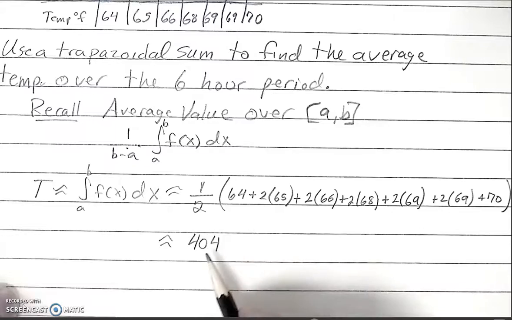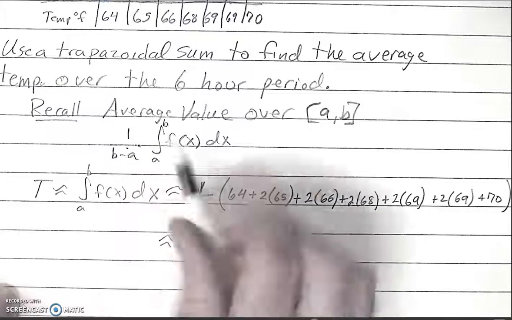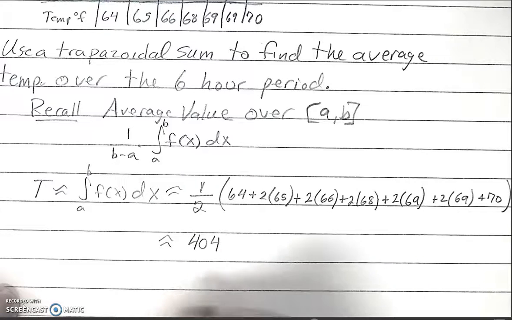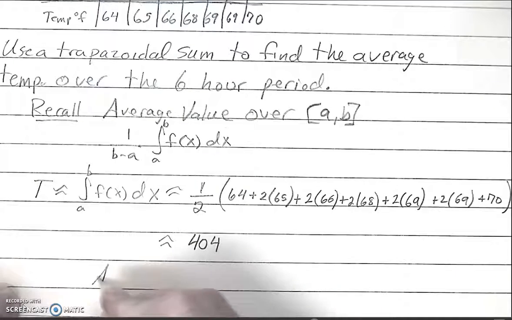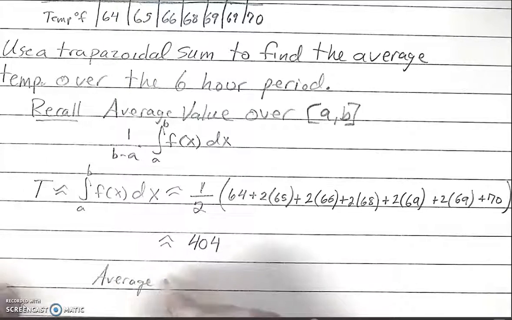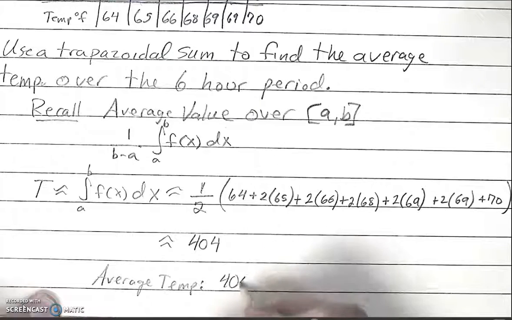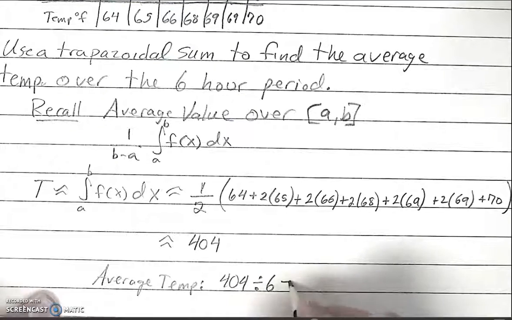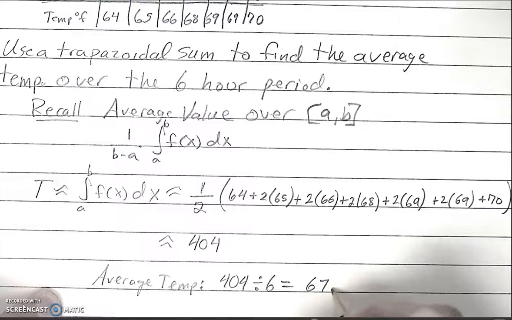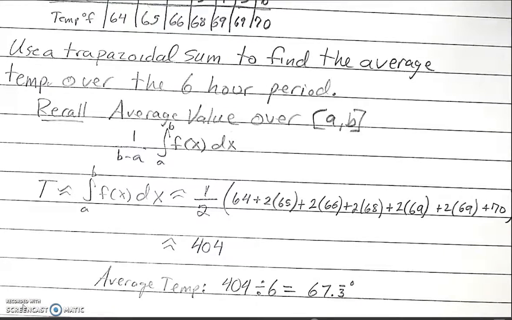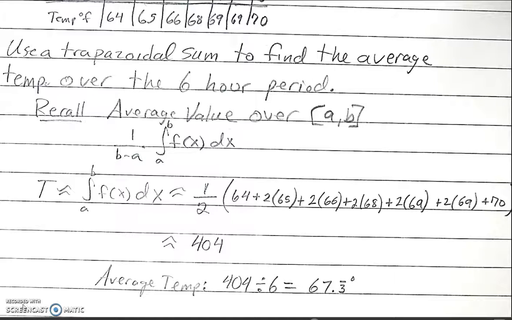And now when we divide by the interval distance, which is right here, we divide by 6. So the average temperature is going to be 404 divided by 6, which is 67.3 degrees repeating. That's going to be your average temperature over that interval.